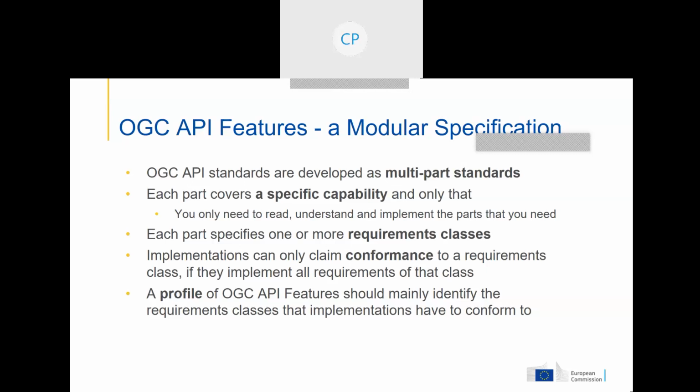I support this and that, but not this requirements class. So that makes it easier, and that's also one of the aspects that has been used here in the INSPIRE activity. Next slide, to give you an overview of the different parts.